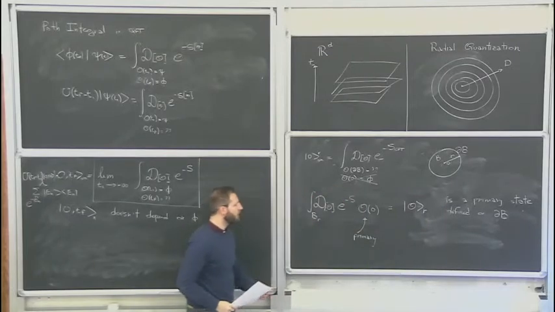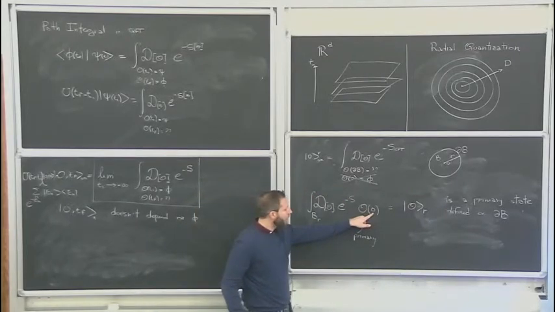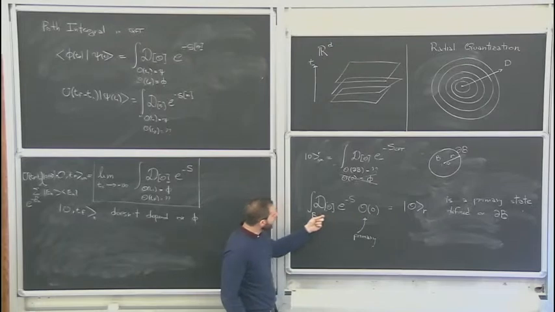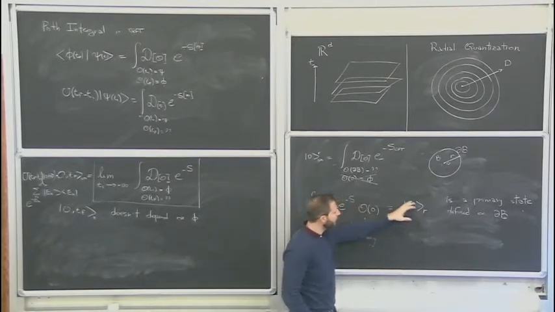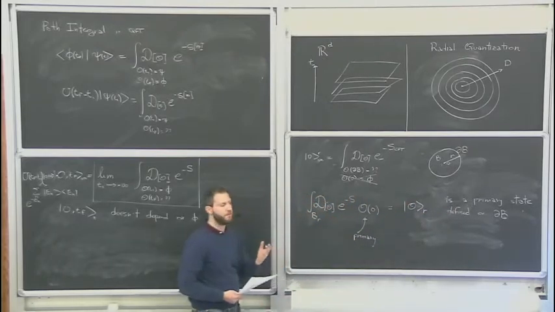Okay, so by inserting an operator in 0, what we are doing is defining a primary state on the surface of the ball.